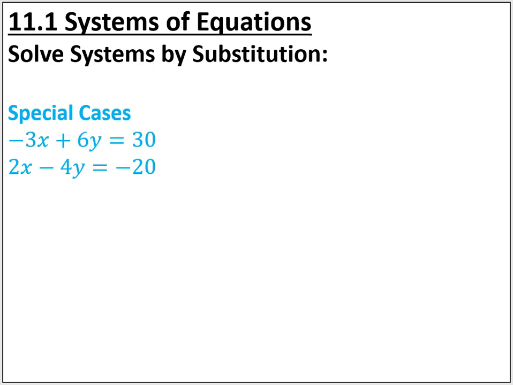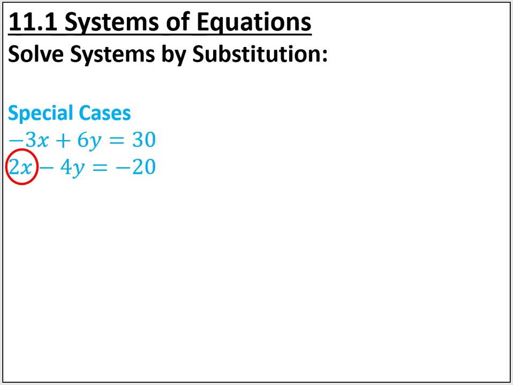When we're solving by substitution, where we have both equations with x and y on the left side of the equal sign, we have to pick one equation. I usually recommend that you pick the equation with the lowest coefficient, whether it's for x or for y.